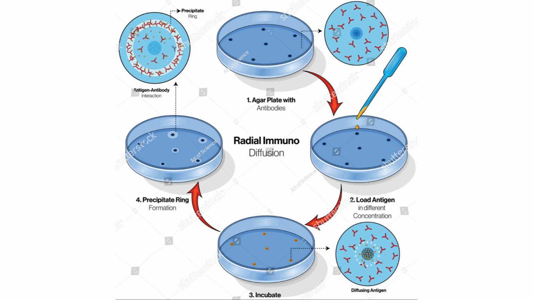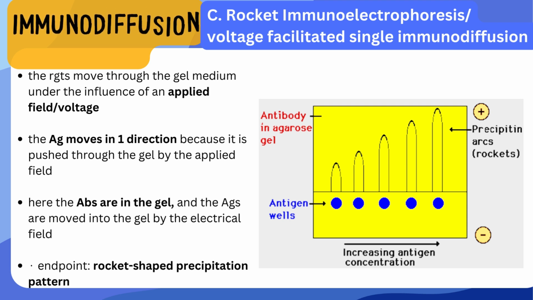It's the antigen that moves, and the antibodies are fixed. This is followed by a period of incubation, and afterwards rings can be observed forming. The precipitate ring will eventually be very visible for determination. So here we have the immunodiffusion techniques.